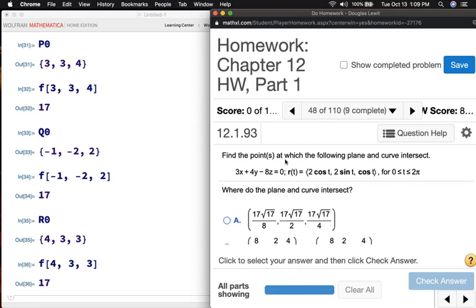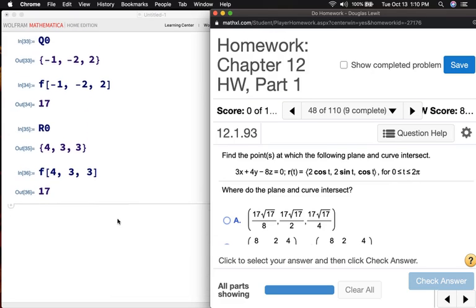Find the point or points at which the following plane and curve intersect. So the plane is 3x plus 4y minus 8z is equal to 0. The curve is r of t is equal to 2 cosine t, 2 sine t, and cosine t, where t is defined on the interval from 0 to 2 pi.